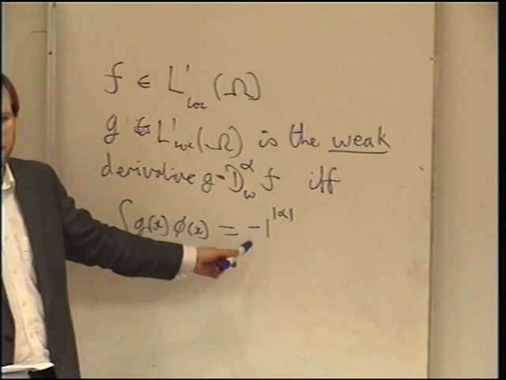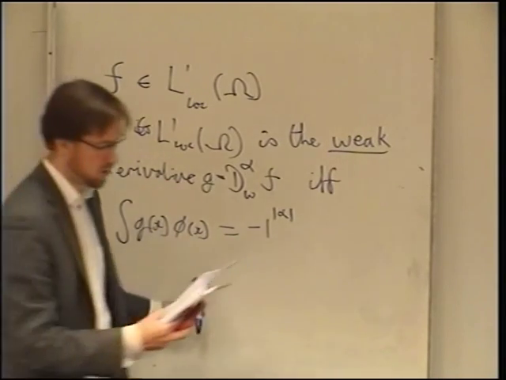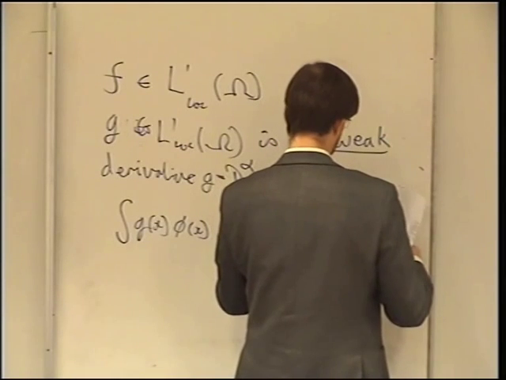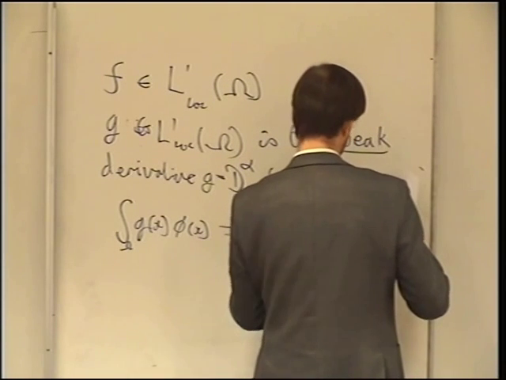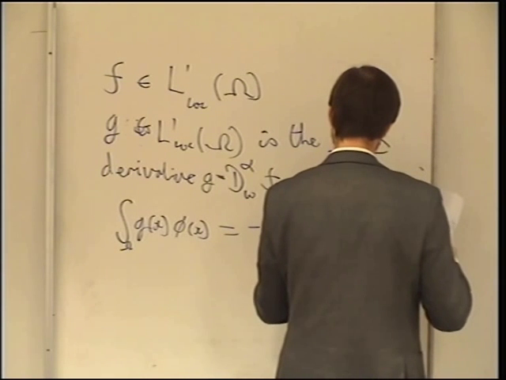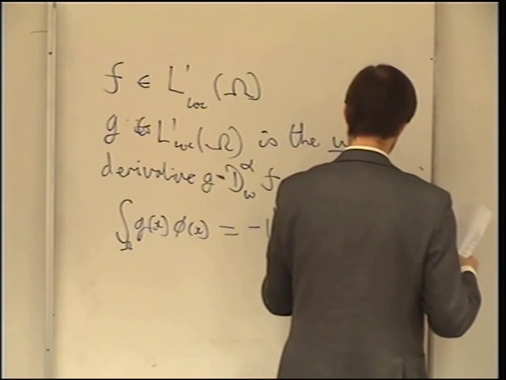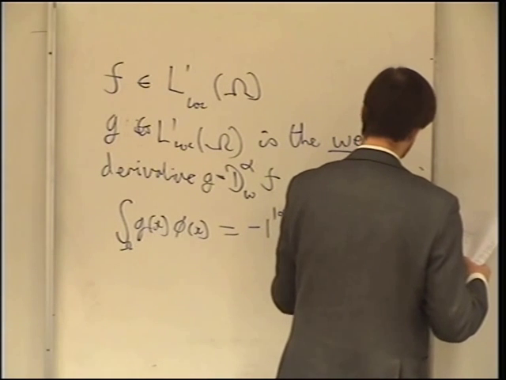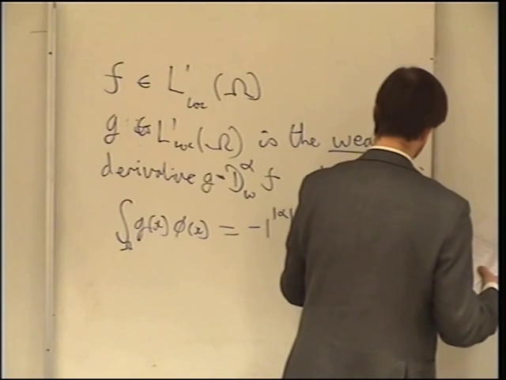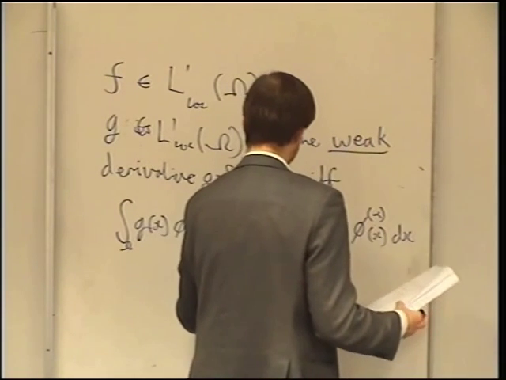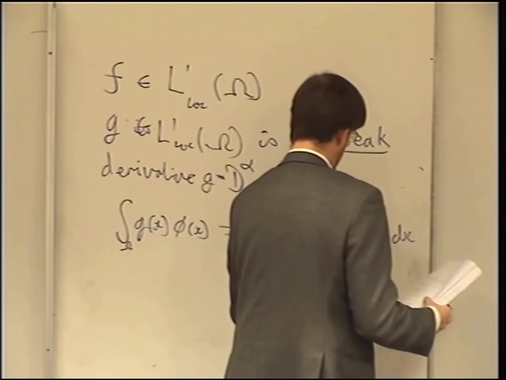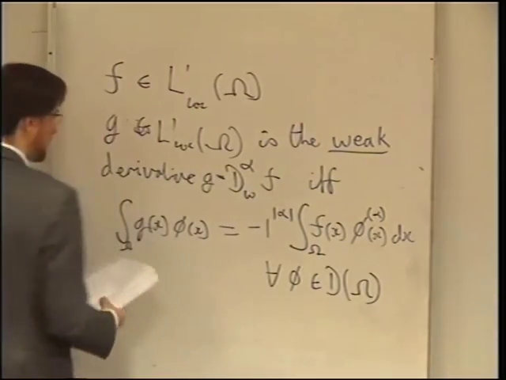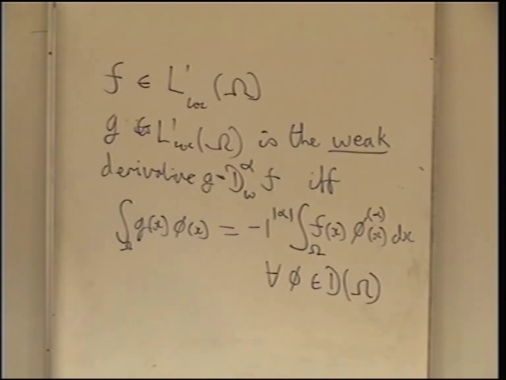Because each time you integrate by parts, you get a minus 1 outside the front of the operation of the integral, or I better tell myself that I'm integrating over the domain of the original function I wanted to take the derivative of, times the alpha derivative of my test function, dx, for any test function in C_c^infinity of omega.